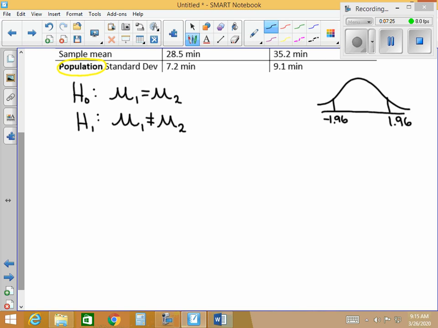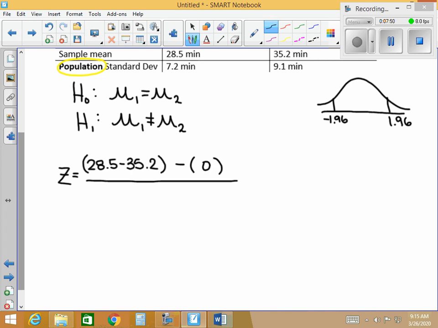All right, so we find our test statistic. On top, that'll be the difference of the two means. There's no rule that says you have to call one of them specifically mu1 and one of them specifically mu2. I just use the left one as the first sample and population and the right one as my second.